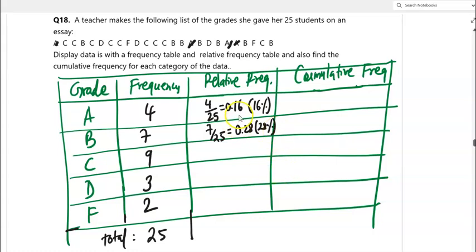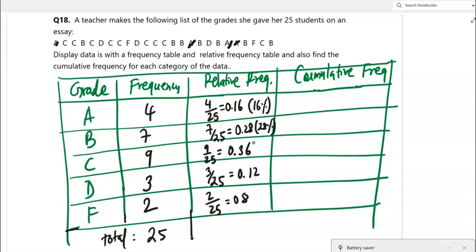Again, this is the decimal representation, and this is the percentage. The relative frequency of C is 9 over 25, which gives 0.36. D is 3 over 25, which gives 0.12. And F is 2 over 25, which gives 0.08. So you can see these as 36%, 12%, and 8%. That's how you find the relative frequency.